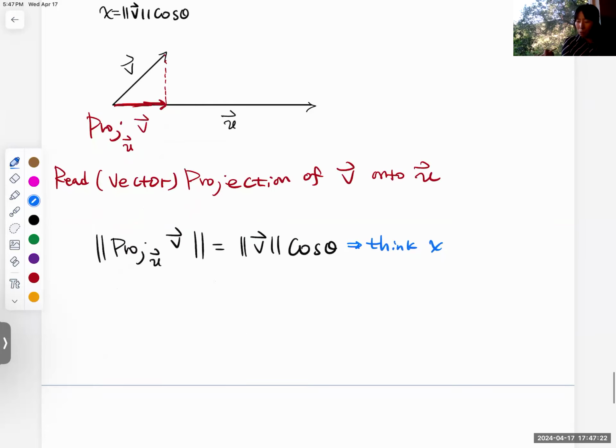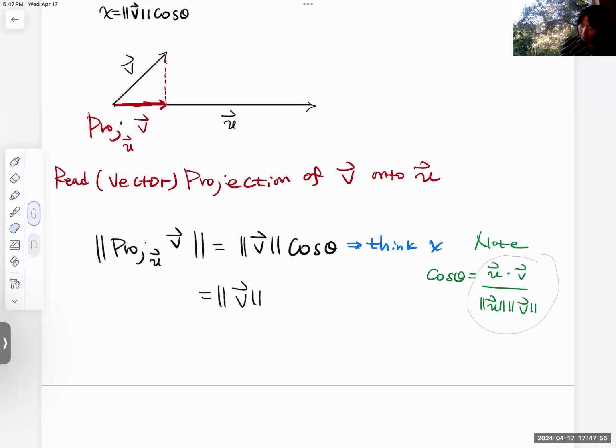Okay, then cosine theta, from the earlier dot product formula, is the dot product of u and v over the magnitude of u and the magnitude of v, right? Okay, so we substitute. Let me just copy and paste.